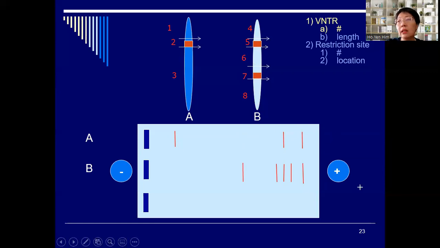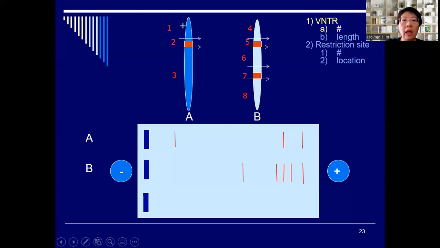So these are the DNA fragments that are separated into bands. Then we use a DNA probe to only bind to those DNA fragments containing the VNTR region.